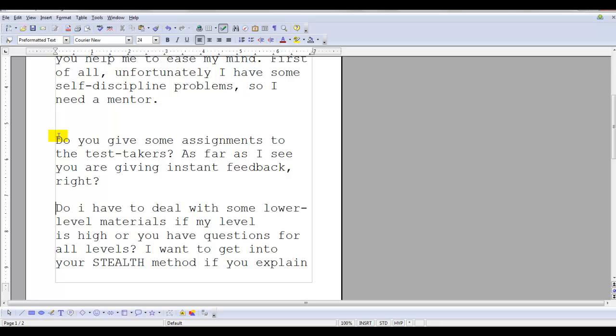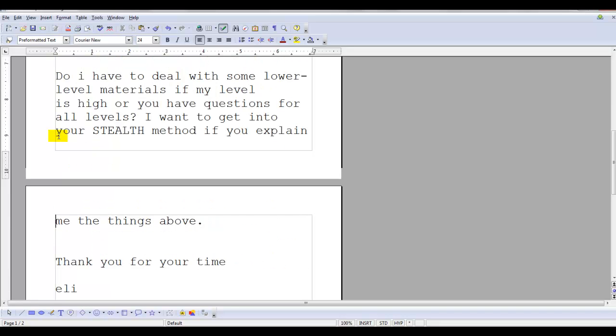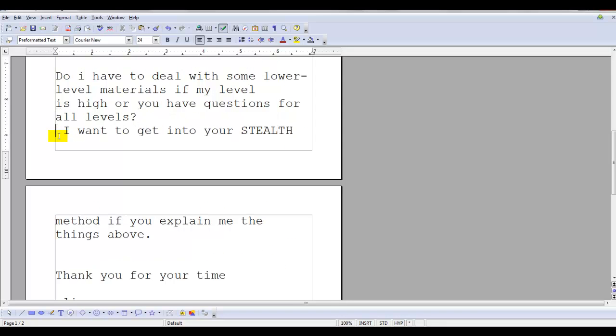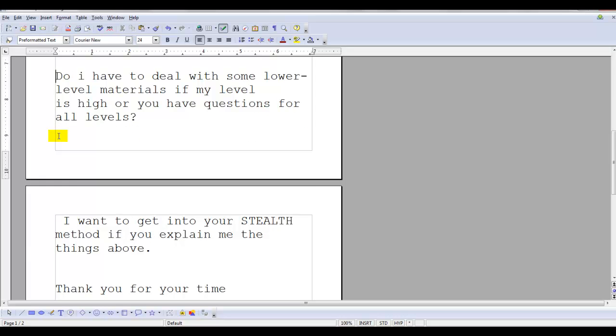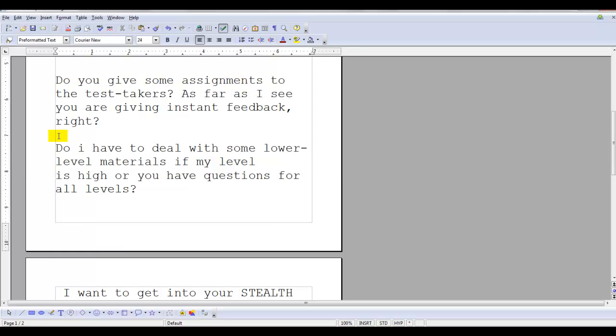Now your next question is, do I have to deal with lower level materials if my level is high, or do you have questions for all levels? My course is geared not to lower level students. You should be at least high intermediate to advanced in your academic English proficiency already. So I don't really have any basic materials.